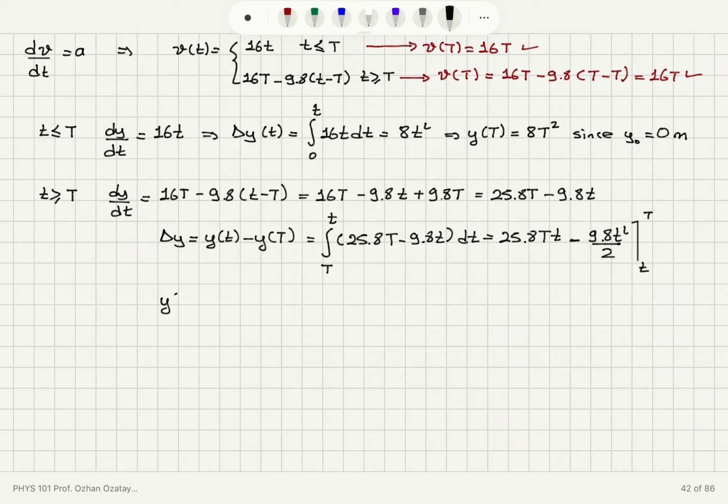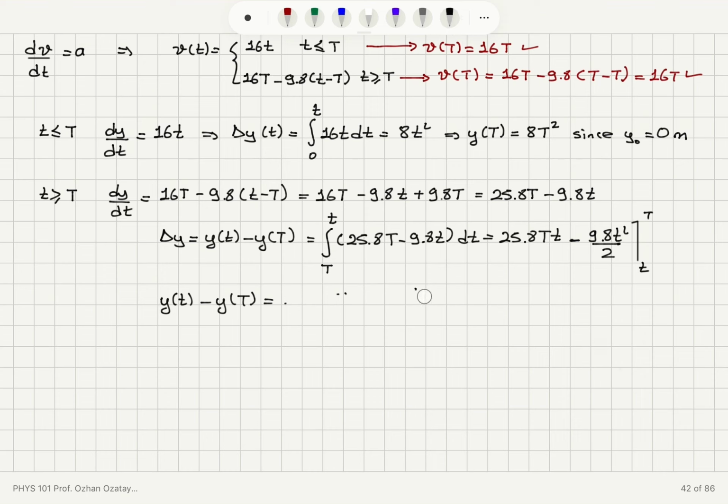So y at time t minus y at time capital T is 25.8 capital T times t minus 4.9t squared. Then I will have minus 25.8 capital T squared.